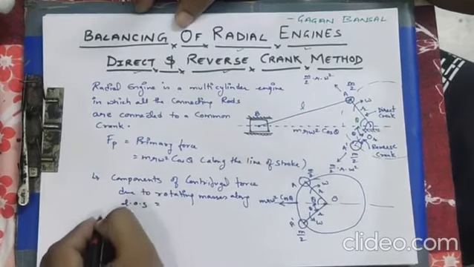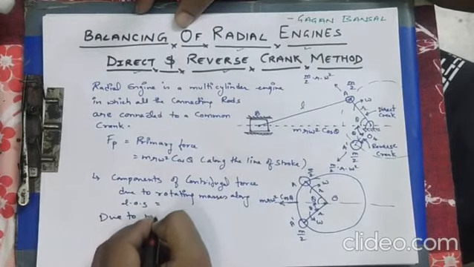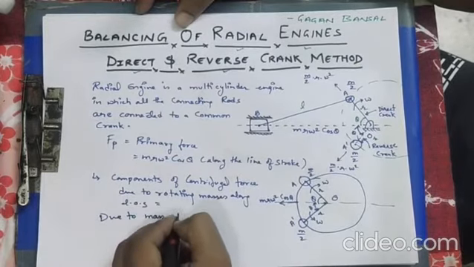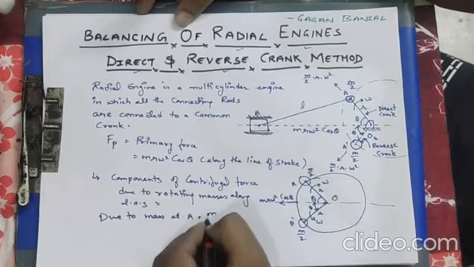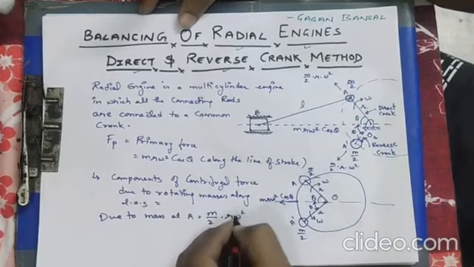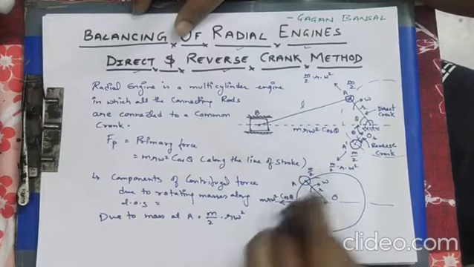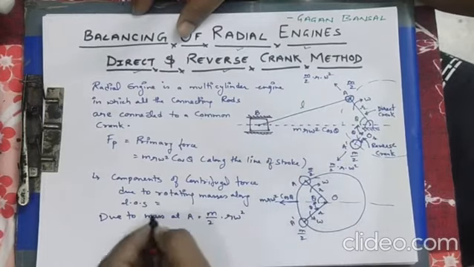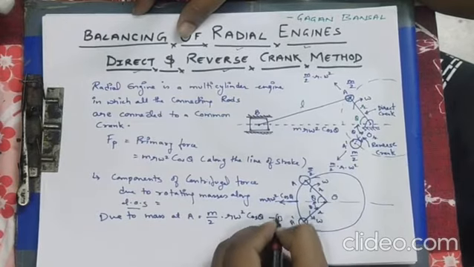Now first, due to the mass at A. So at A it will be m by 2 into r omega square. This is the centrifugal force, and its component on the line of action will be cos theta. Let it be equation 1.